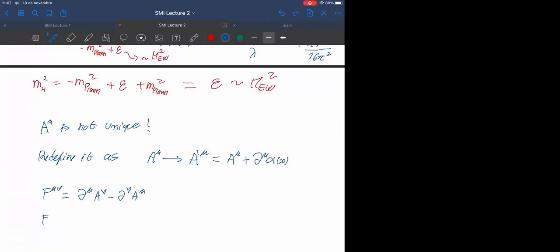So F prime mu nu is going to be d mu A prime nu minus d nu A prime mu, and this is equal to, let's use this here, d mu A nu plus d mu d nu alpha of x, minus d nu A mu, and now minus d nu d mu alpha of x, right? You agree with this?